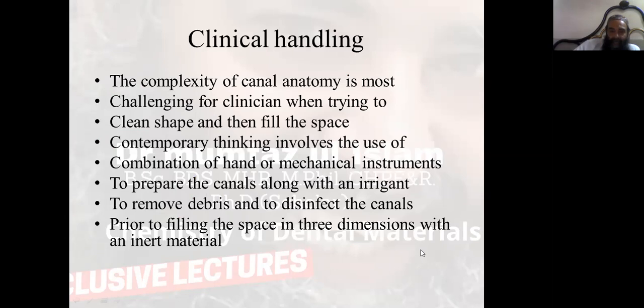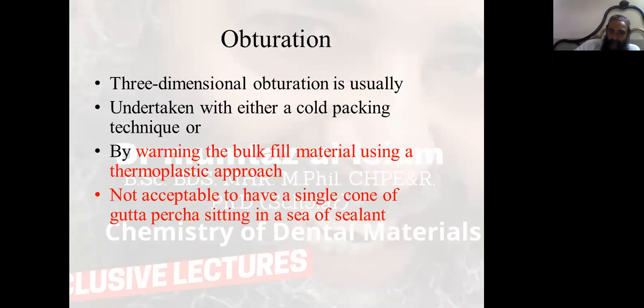Clinical handling is complex. Complexity of canal anatomy is most challenging for clinician when trying to clean, shape, and then fill the shape. Contemporary thinking involves the use of combination of hand or mechanical instruments to prepare the canals along with an irrigant to remove debris and to disinfect the canals prior to filling the space in 3 dimensions with an inert material.